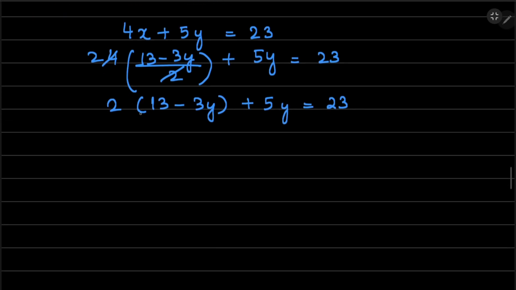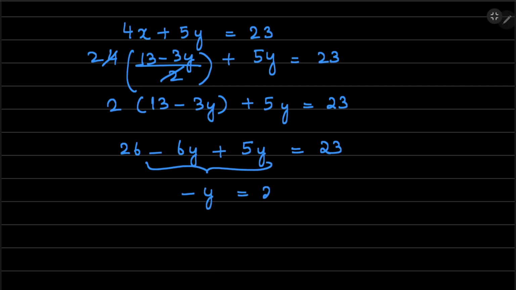Open the brackets, multiply 2 internally. So 2 into 13 is 26 minus 6y plus 5y equal to 23. So minus 6y plus 5y is just minus y equal to 23 minus 26. Be very careful with the signs. It is minus 3, so negative negative gets cancelled. y is equal to 3.